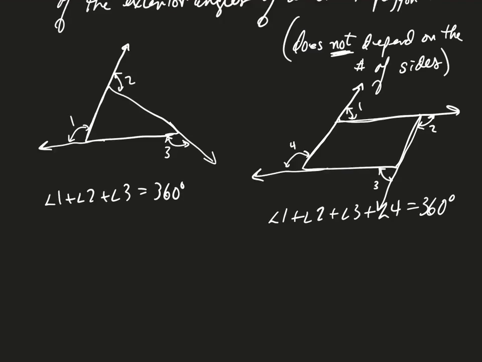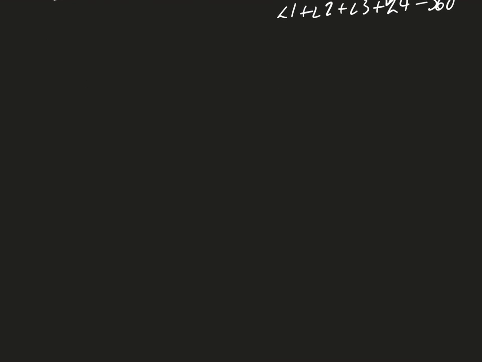Okay, so here come the numerical examples. Our first one is going to be starting off with a 1, 2, 3, 4, 5, 6-sided polygon, so a hexagon. And it's going to look something like this.